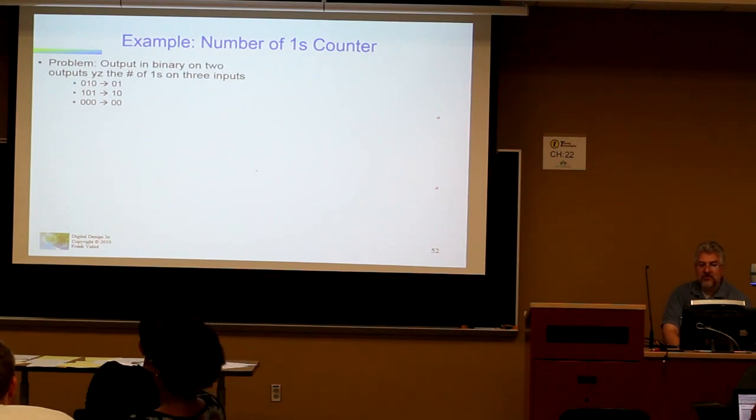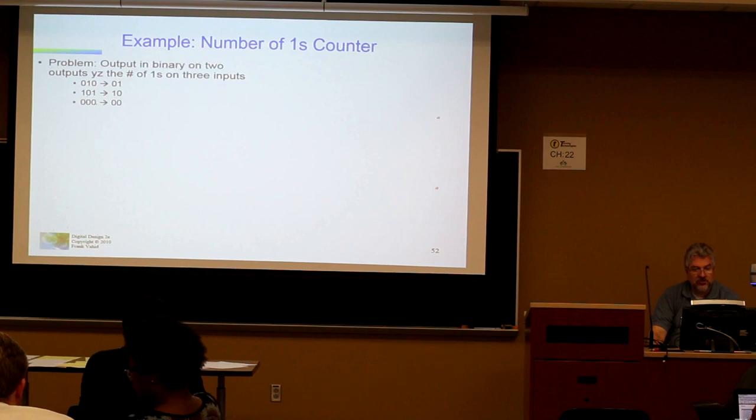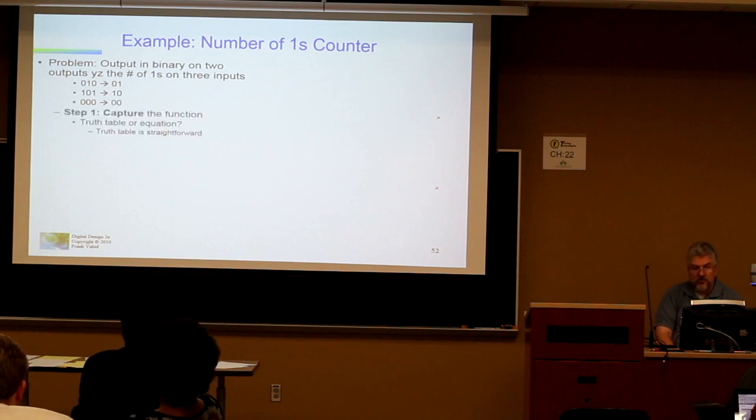How about to count the number of 1s? Well, in this case, you're going to have a situation where in this case there's 1, in this case there's 2, in this case there's 0. And so the equation would be to count up the number of 1s.